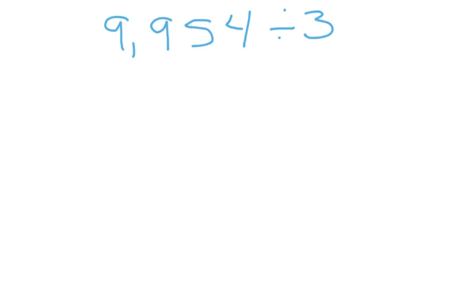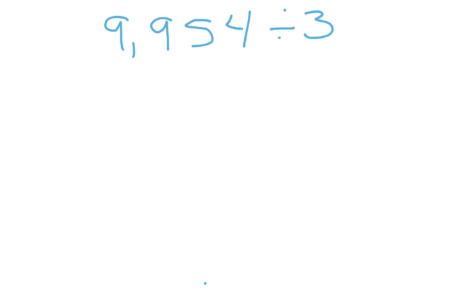That's saying that we want to take out even groups of 3 until we reach 9,954. Well, here we go, friends. 1, 2, 3, 4, 5, 6, 7, 8, 9, all the way up to 9,954. Are we going to do it this way? No, way too hard. Let's go ahead and try our place value strategy.